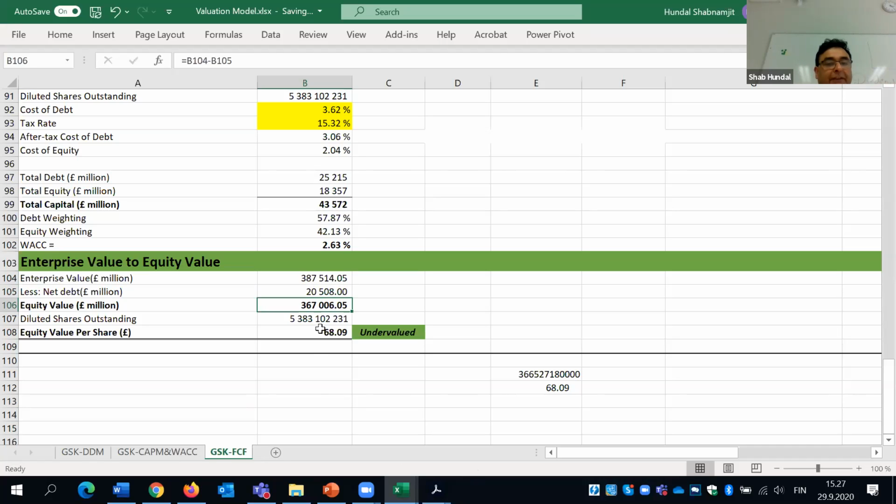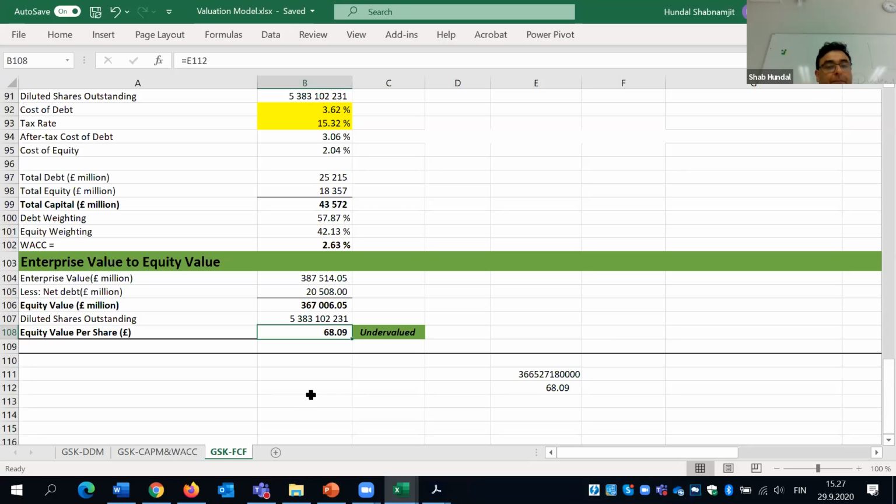And we know that we have the number of shares, this much. Then we find out that the value of each share is basically 68. So the present value today of the GlaxoSmithKline share price in 2024 comes out to be 68, 69, 68 pounds.